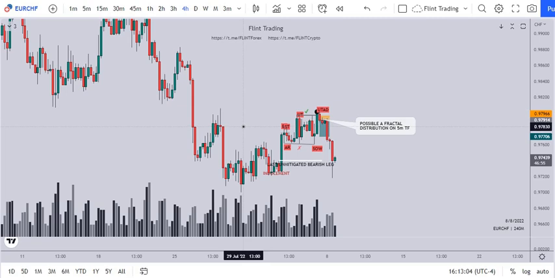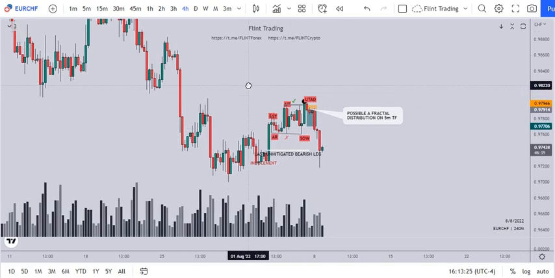Right here, this seemed to me like an accumulation. I was thinking maybe this was an accumulation, but when price was pushing upside, I wasn't really seeing any good amount of bullish momentum in the market. So for that, I thought this accumulation was maybe for a really short period of time.